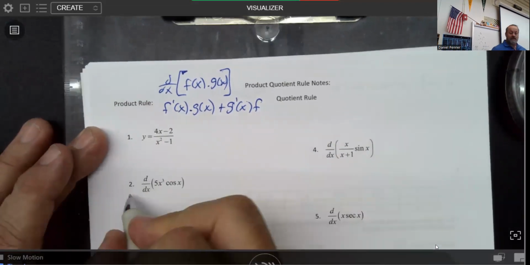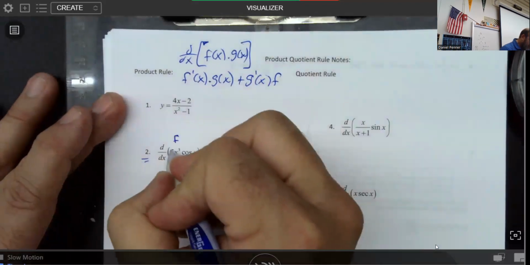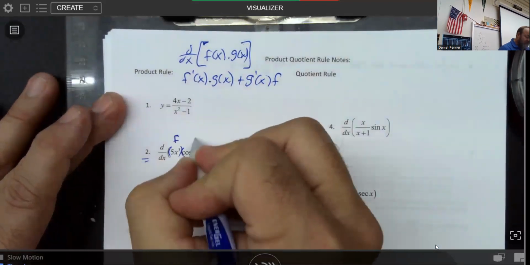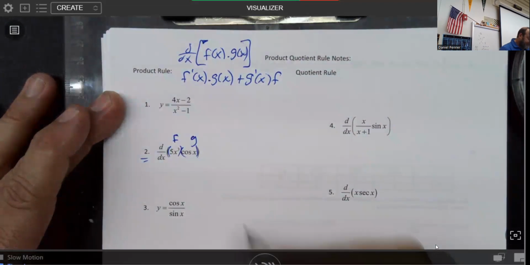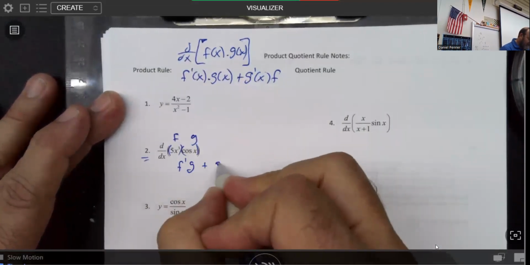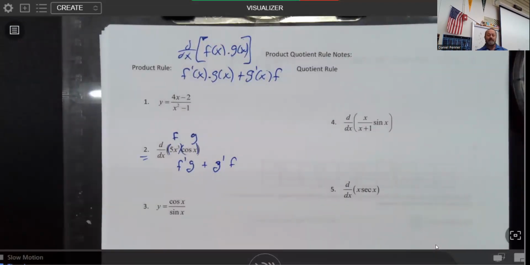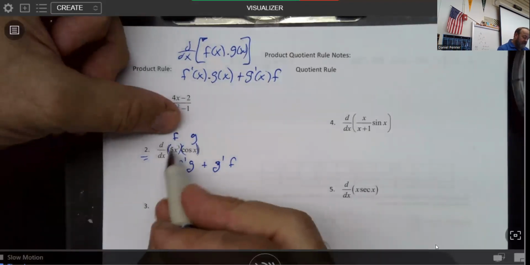So the first one that is a product rule would be this one right here. I would consider this first piece f, this second piece right here g. So at least in the opening stages of learning this material, I would love to see you make a little note to yourself to say, I want to do f prime g plus g prime f. F prime, again, simple power rule.